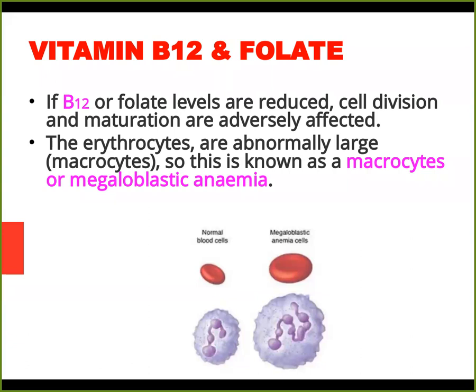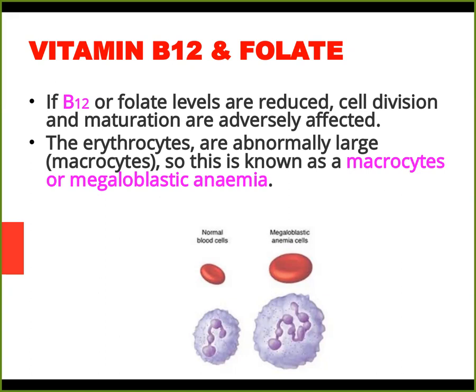Such kinds of anemias like megaloblastic anemia are typical, for example, for B12 deficit anemia. When the level of this vitamin is decreased, red blood cells don't divide, but grow again and again.